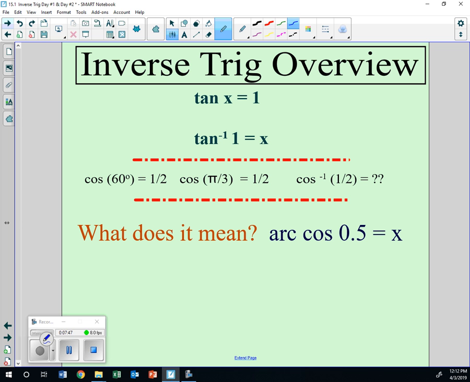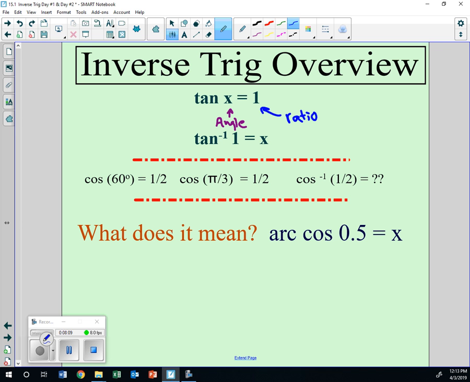All right, well, let's talk about what all of this means anyway. This is the most important part of the day. When I take the tangent of x equal to 1, x is what we call an angle, and 1 is what we call a ratio of sides, coordinates, whatever.